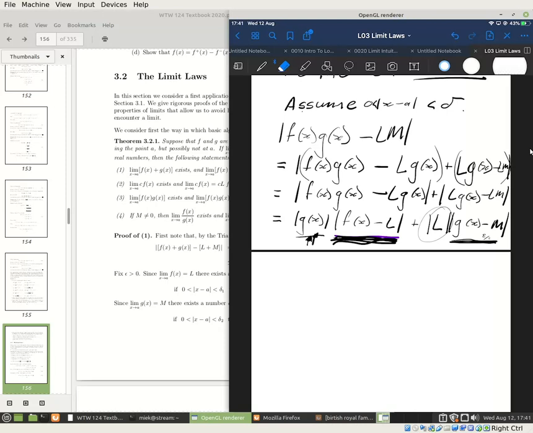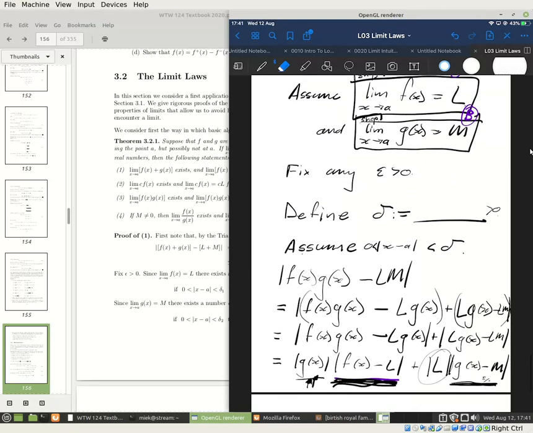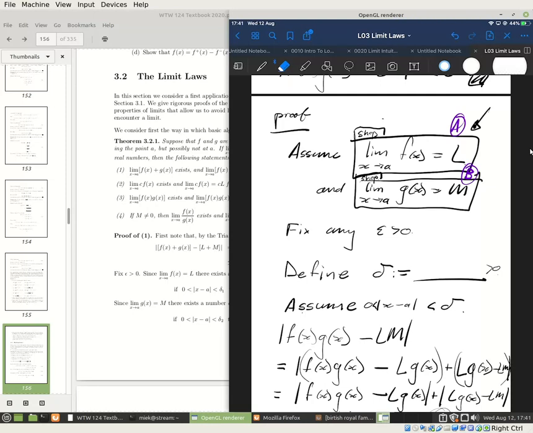So let us think how we can control this g of x. What control do we have? The only control that we have is that this limit exists.